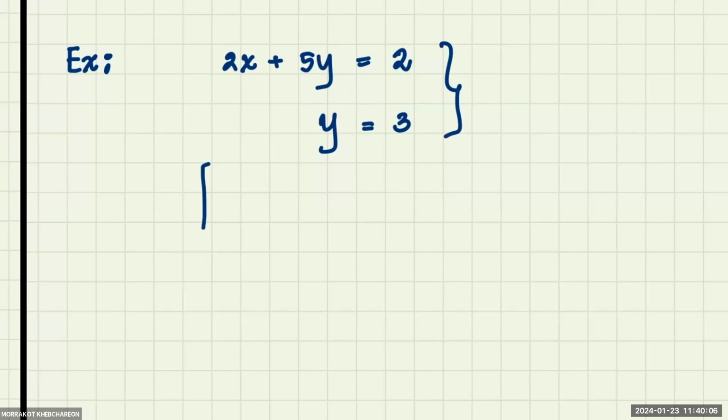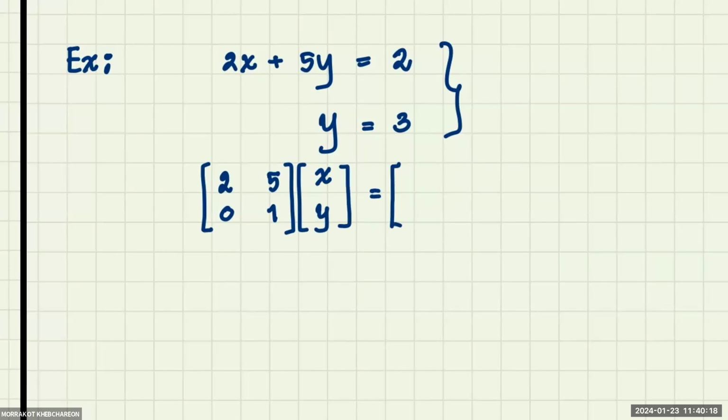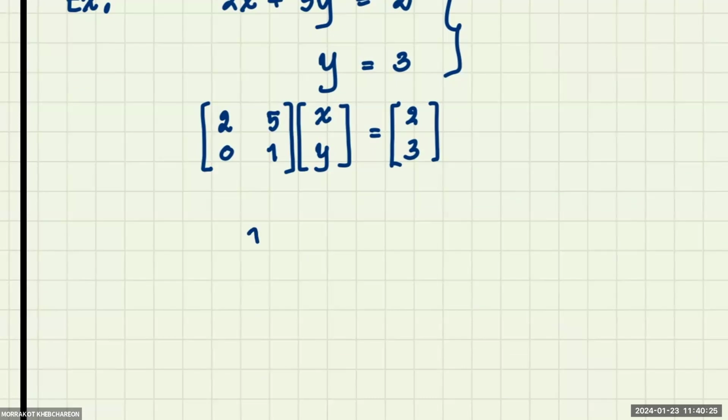My matrix will be 2, 5, 0, 1. If I have x equal to 1, y equal to 2, actually I know the solution. I can always write the matrix as well.